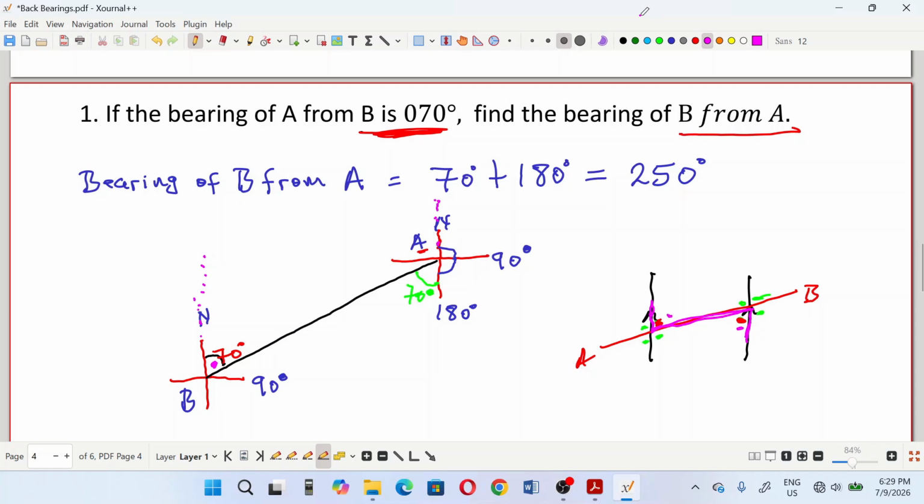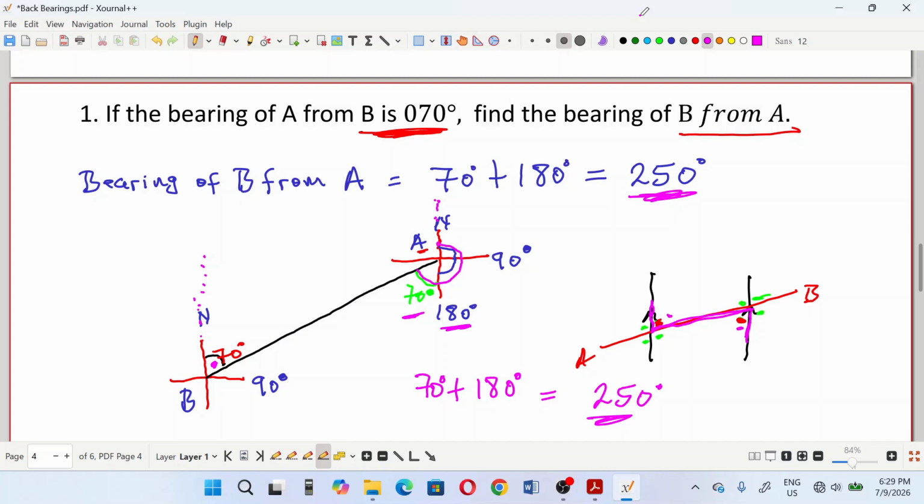Therefore, if I'm turning from here all the way to this point, it's going to be 180 plus the 70. So we're going to have 70 degrees plus 180 degrees, which is going to give us 250 degrees, right? So you realize that this and that is basically the same.